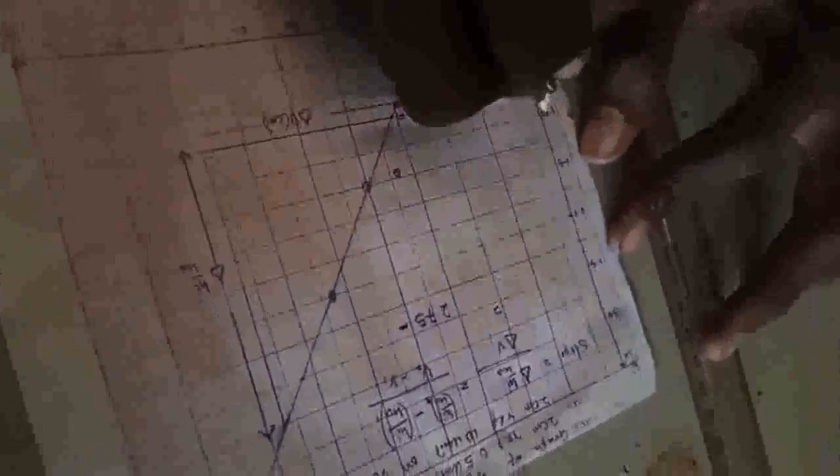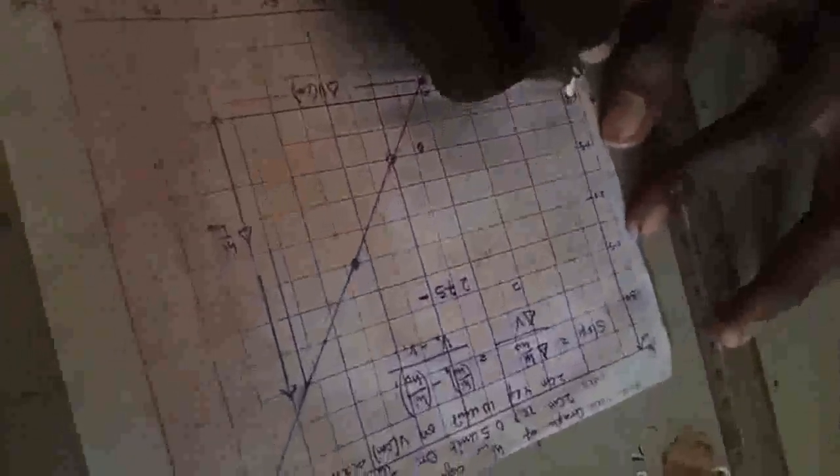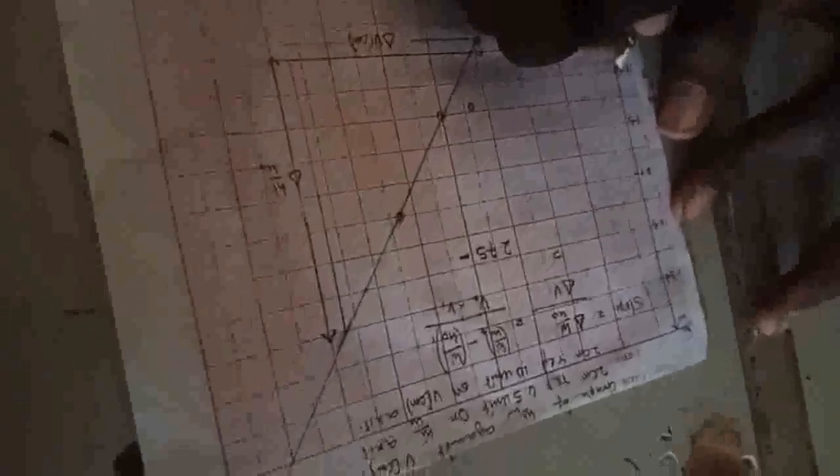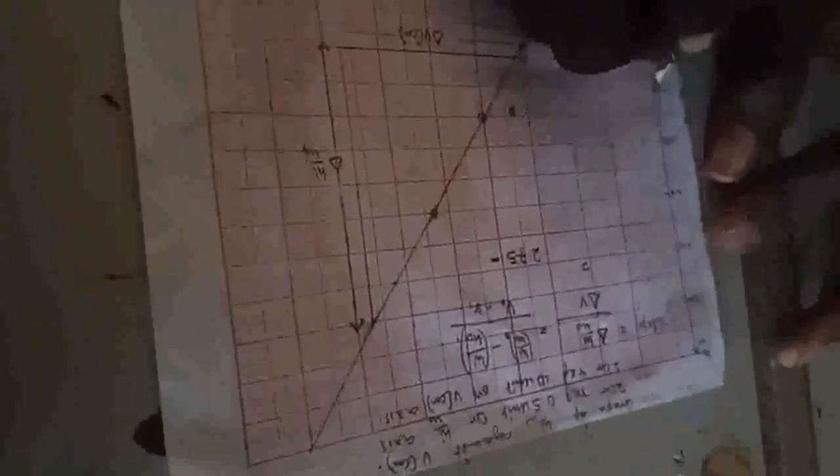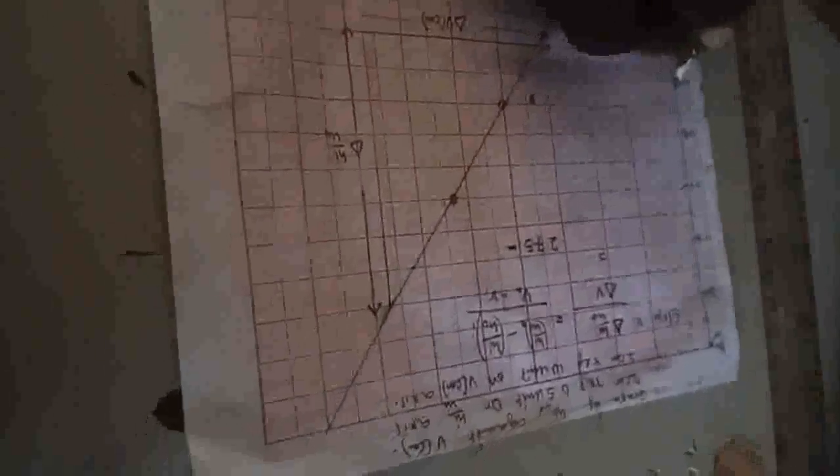This is 2.75 minus the value here. Sorry, this is 1.0, and each division is 0.05.